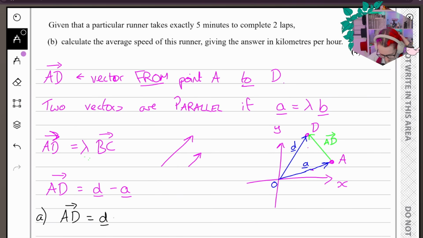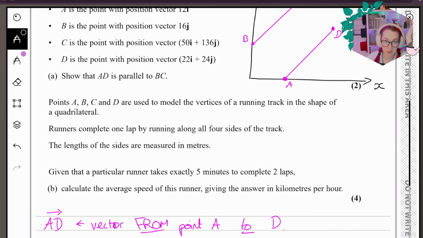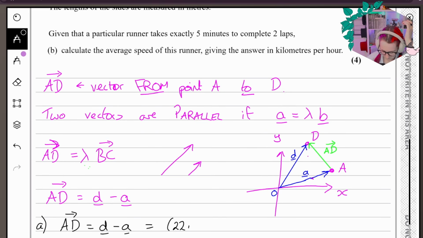AD is D minus A, which is, so D was the vector, I go all the way back up here to look at my answers, 22i plus 24j, minus the value of A, which is 12i.